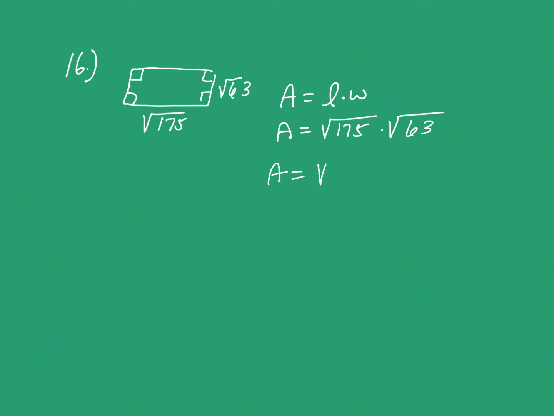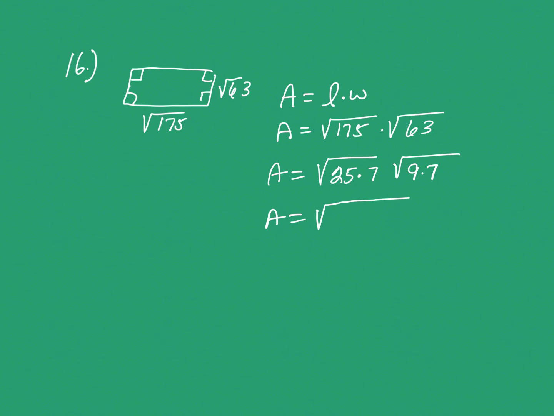You notice that 175 is 25 times 7. And you know that 63 is 9 times 7. 7 times 7 is 49.